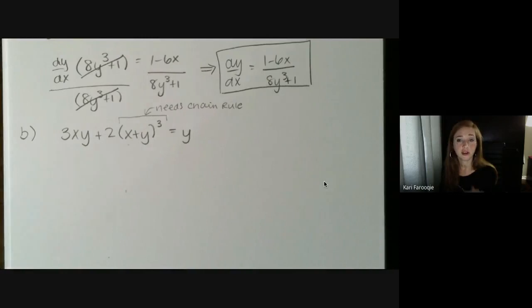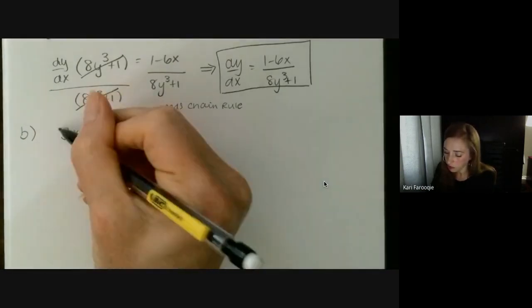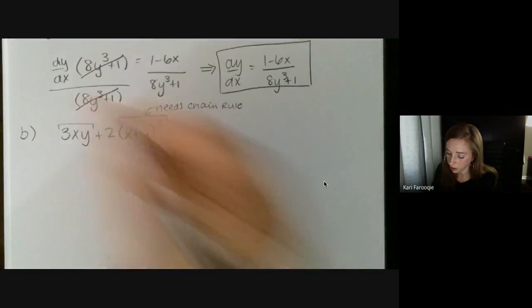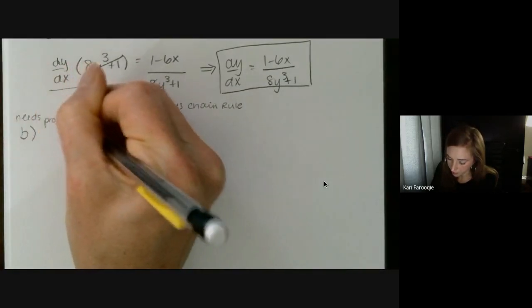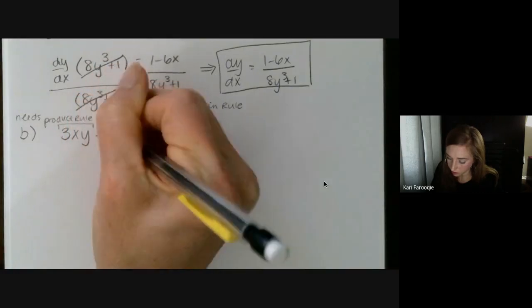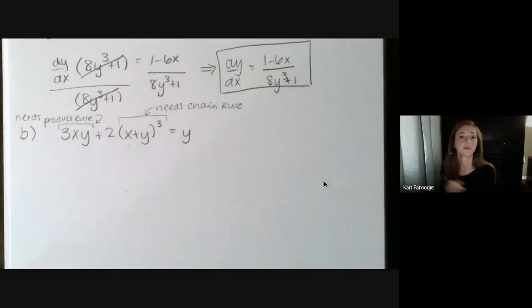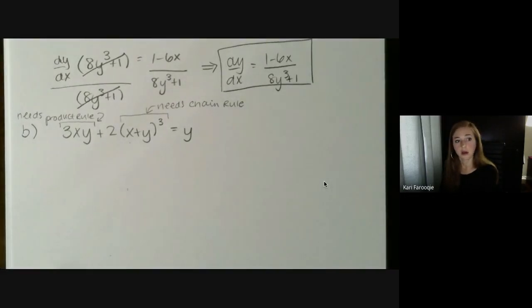Because we're not just taking x and cubing it, we're taking x plus y and cubing it. So that's going to require the chain rule. We also have a situation here where we're going to need the product rule, because we have x times y. So we have a couple of different things going on here that we're going to have to work with.